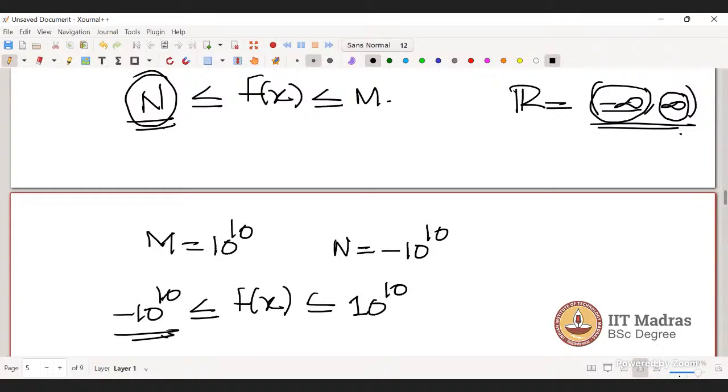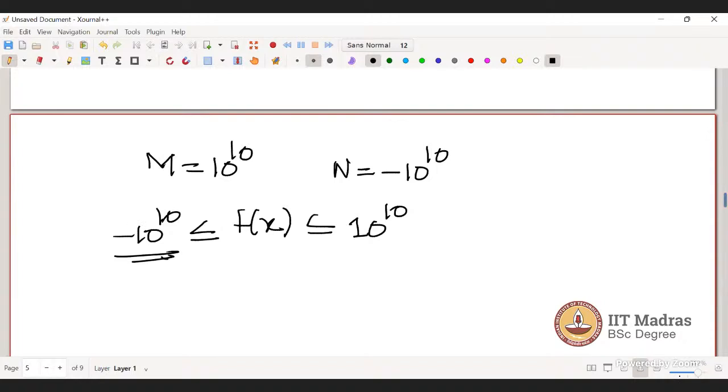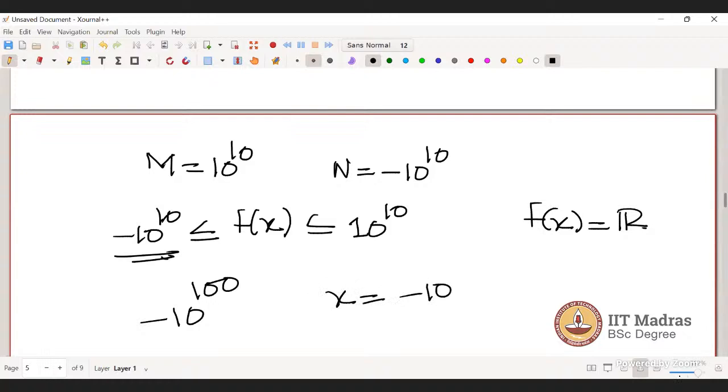Because f of x here is basically, this image is basically R. So f of x can be minus 10 power 100 also. If I take x to be minus 10 power 100, then f of x is minus 10 power 100. So I can get an x such that f of x is less than this. So my image is not in an interval; it's the whole real line.